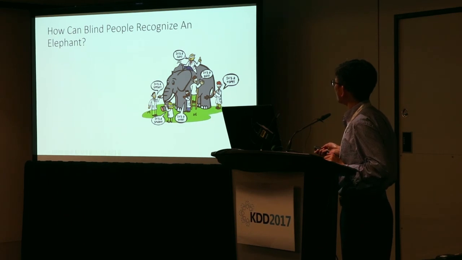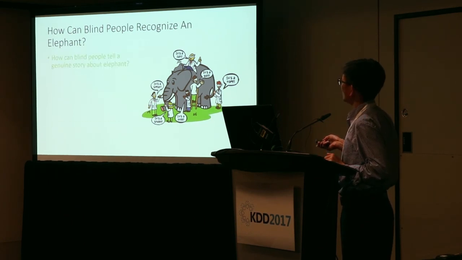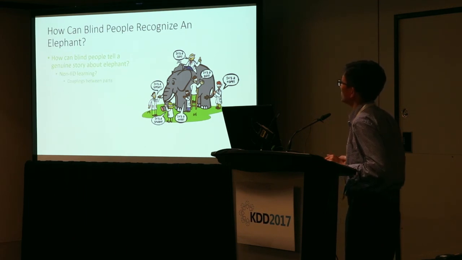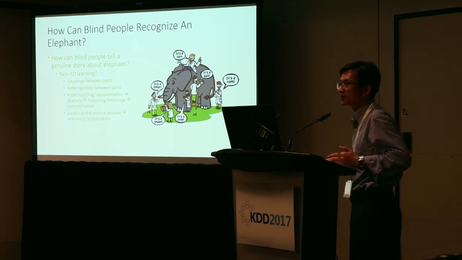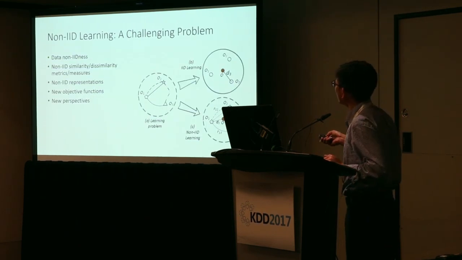And just one perspective cannot really figure out the whole big picture. What we have to do is think about those parts, the coupling relationships between the parts and the heterogeneity between parts, and how we can build a new model that can represent the heterogeneity, heterogeneity between the entities as well as the relations, right?